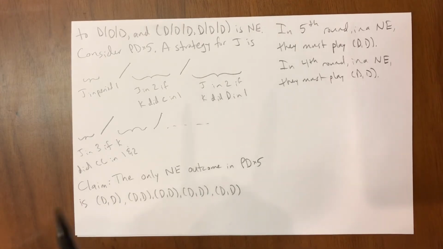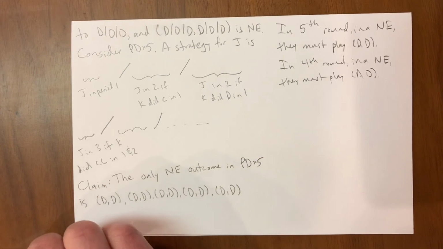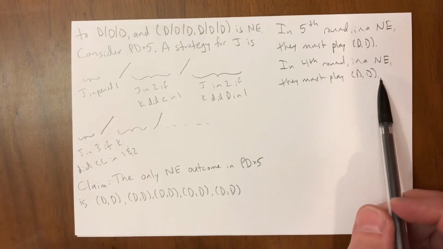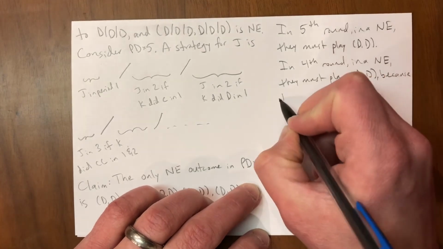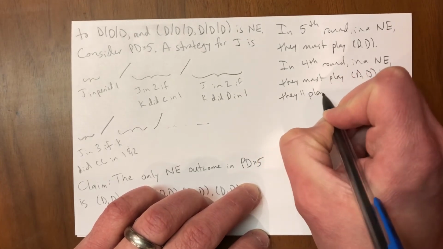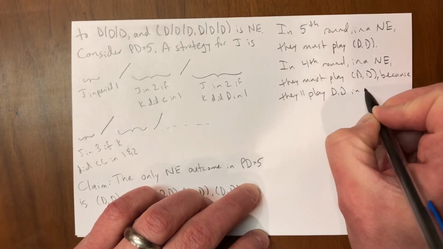One way to think about the logic here is that a 5-round version of Prisoner's Dilemma is basically the same thing as doing 4 rounds of Prisoner's Dilemma and then playing Prisoner's Dilemma once more. And if you know that in the last one they have to play D and D, then they must also play D and D in the 4th round, because they'll play DD in the fifth round.